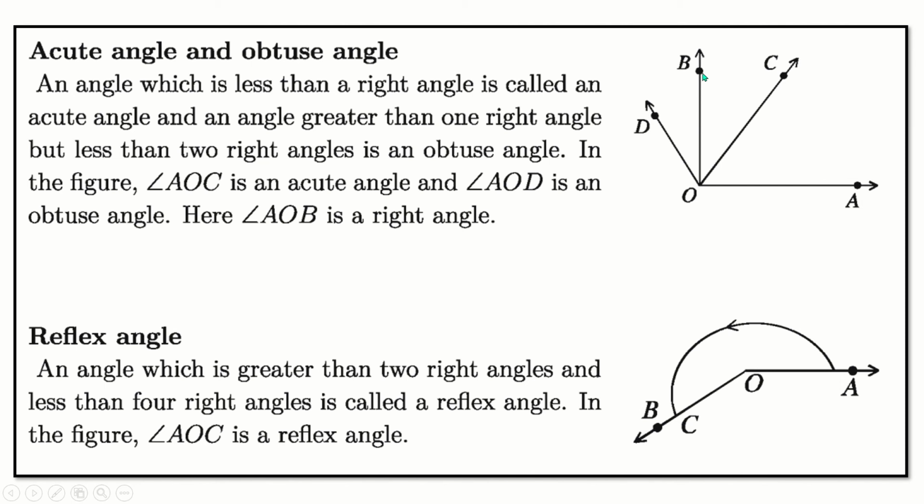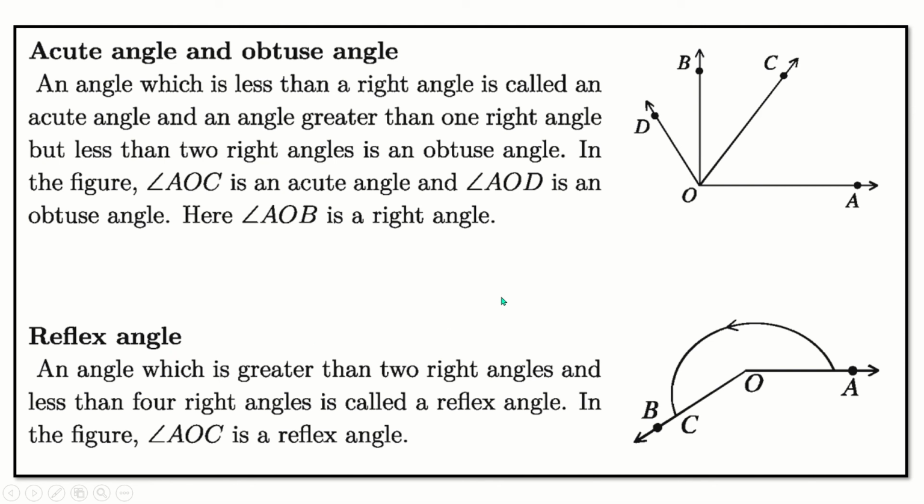Right angle means AOB is a right angle. So AOC is less than a right angle, so this is acute, and AOD is greater than a right angle, so AOD is an obtuse angle.